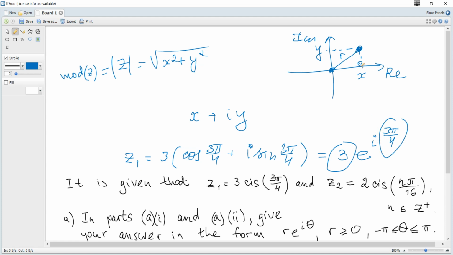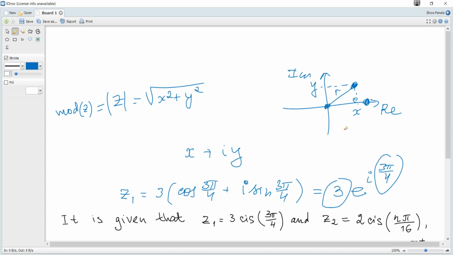And this is the argument. The argument is an angle, and notice that it's absolutely similar to the unit circle. The starting point of 0 is here. Positive angles are in this direction, negative in this direction. Finally, from the picture you can find the argument.